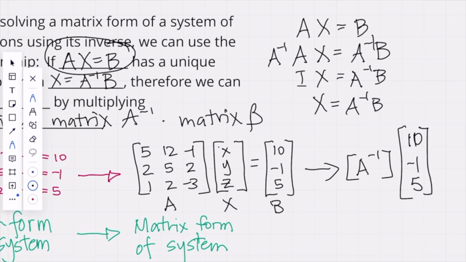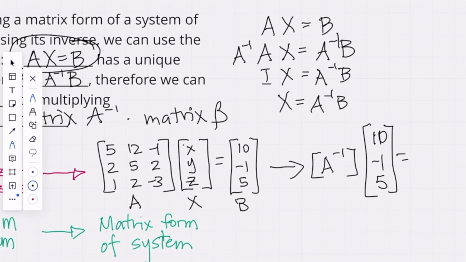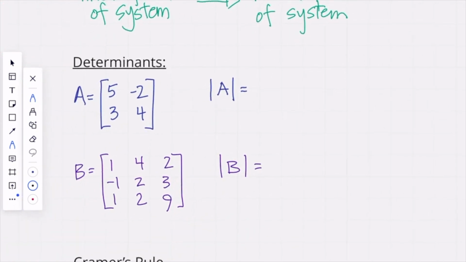My output from that will be my solution, a 3x1 matrix. Darn it, I didn't do that ahead of time, so I am not sure what the answer is, but I'm sure that you can do that. So I'm going to just finish this up.